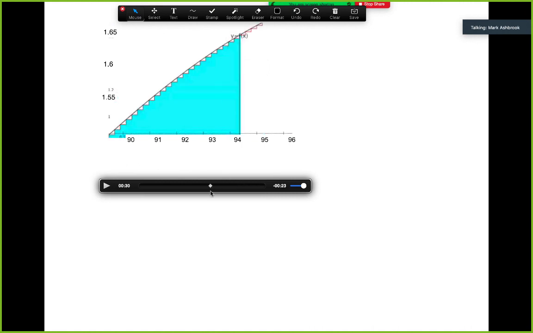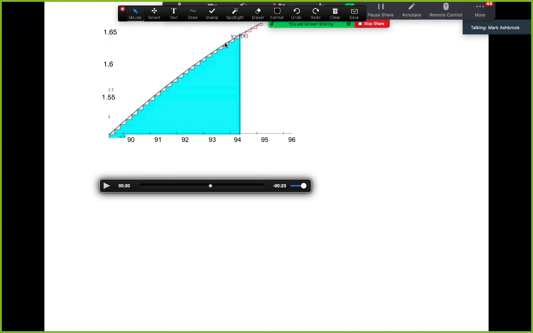It's like a pretend rate function, a pretend f function. All these little steps are pretending to be f.